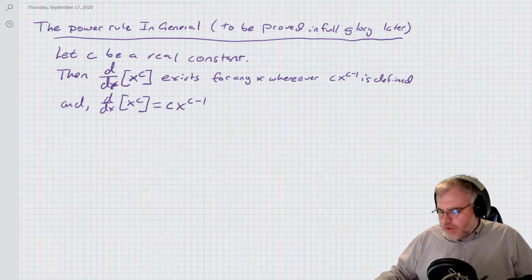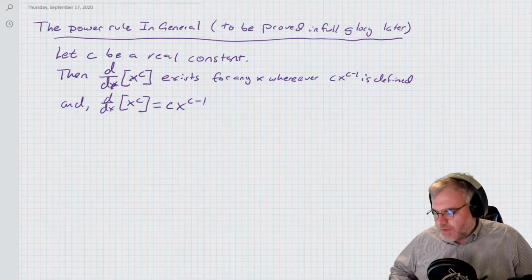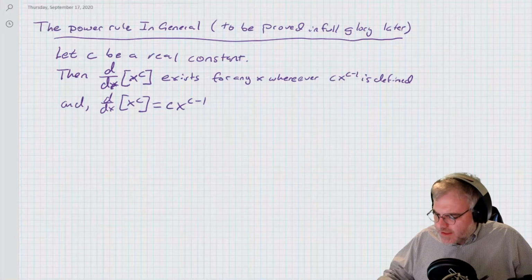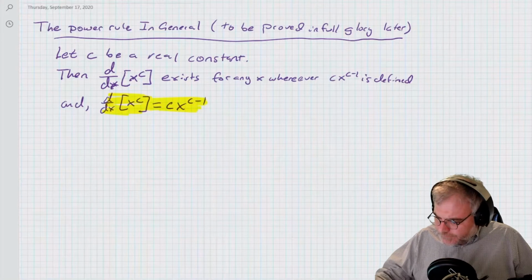I can rewrite this a couple of ways to make it a little bit clearer. But the big point is this thing right here: the derivative of x to the c equals c x to the c minus 1. And we've already seen this a couple times, right? Example.